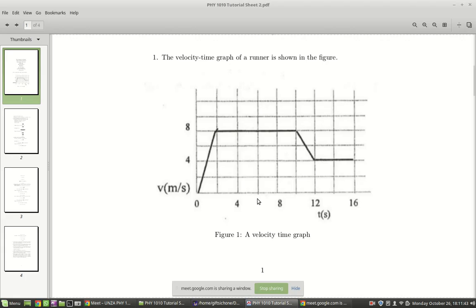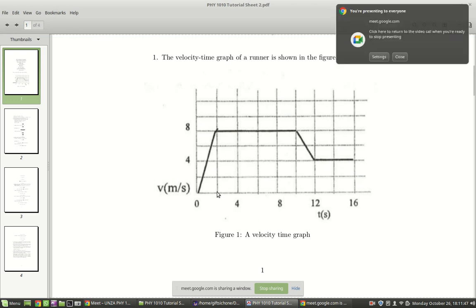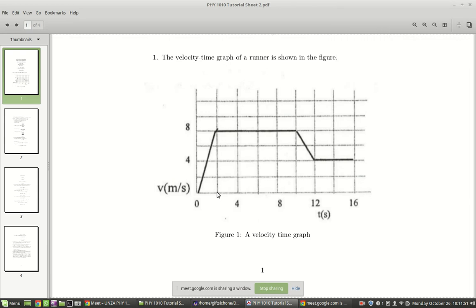Apart from that, the area under the velocity time graph corresponds to the distance which the runner covers. The area under the graph, the way you have this graph here, is equal to the distance which the runner covers in that particular time.